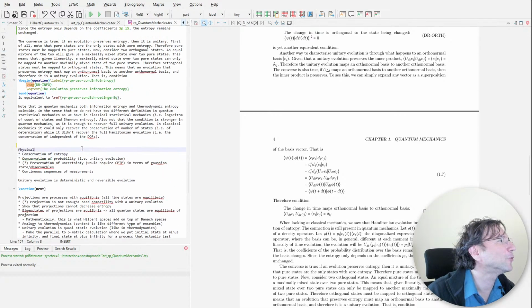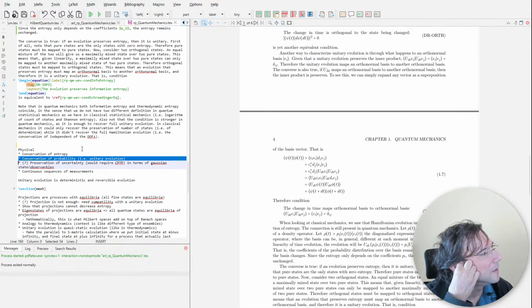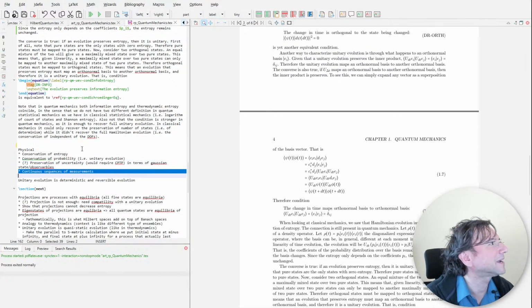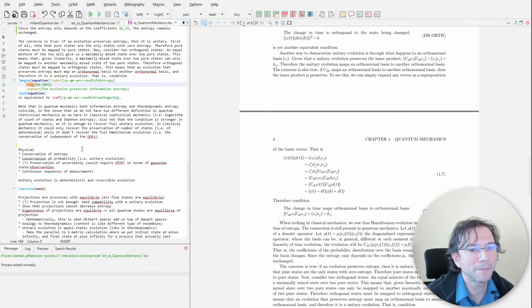Technology. Okay, so we have conservation of probability. Oh, it changes.